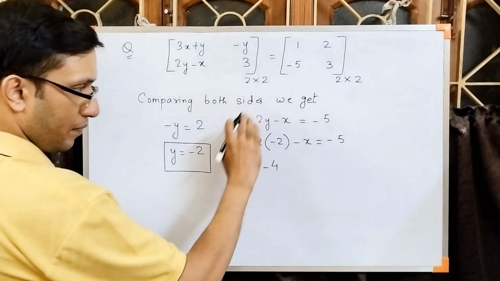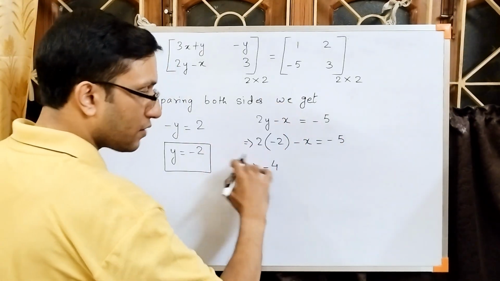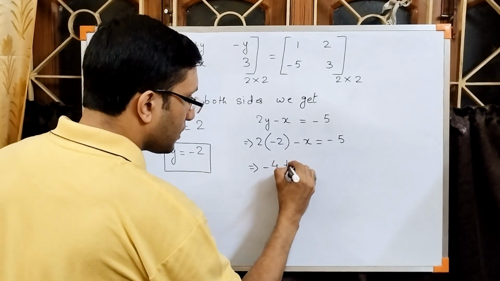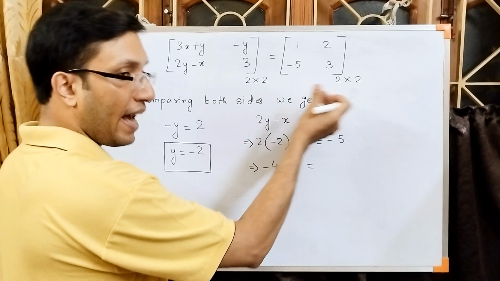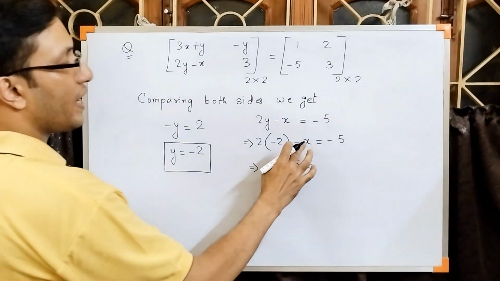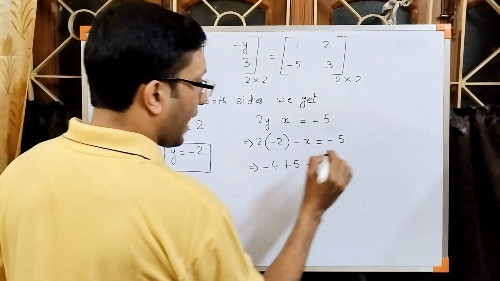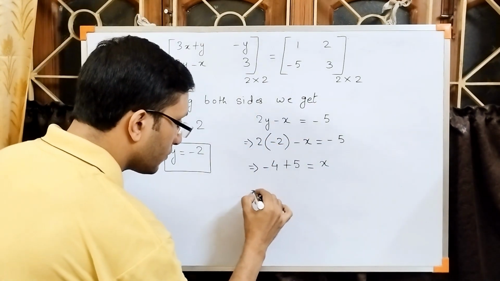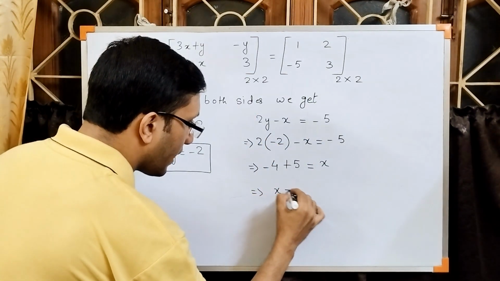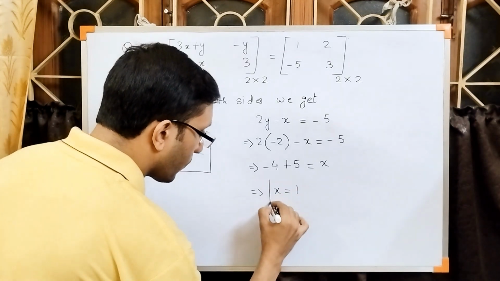We transpose this minus 5 to the left side, we get plus 5, and we transpose this negative x to the right, so we get plus x. So 5 minus 4, that is 1. So the value of x is 1.